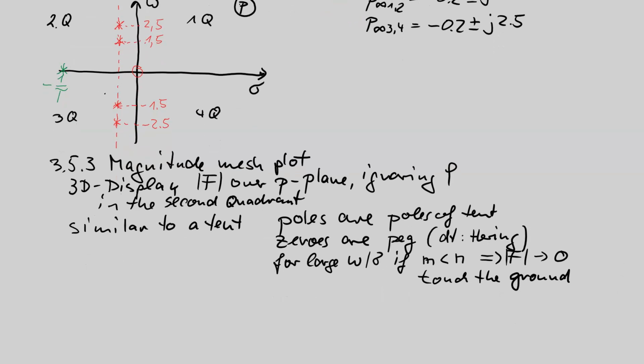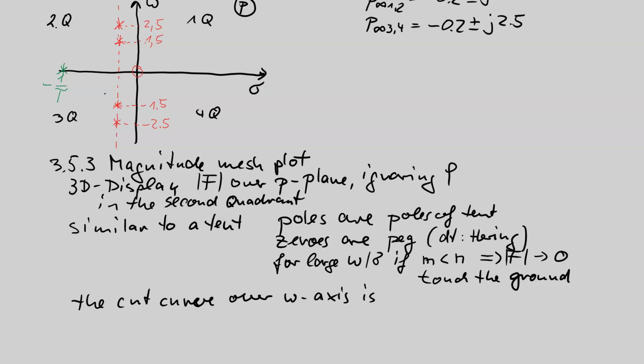And the last point is the cut curve over the omega axis. That is the interesting case. The cut curve over the omega axis is the amplitude curve.